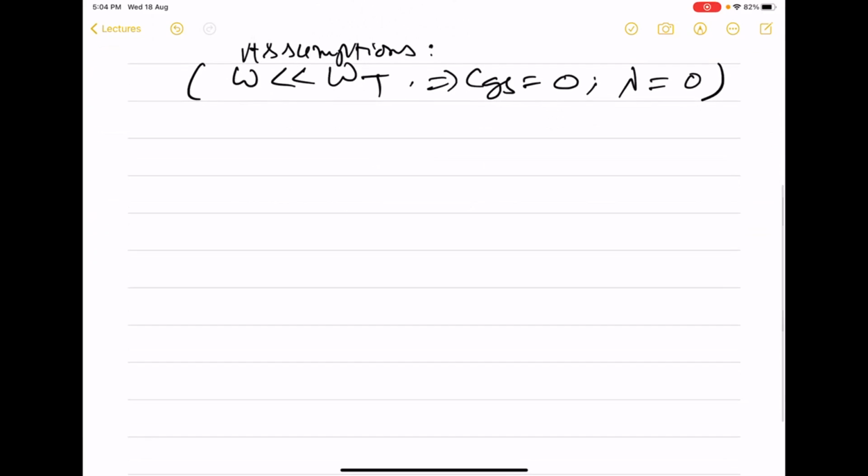So we will see what this LNA is. The configuration is this one.